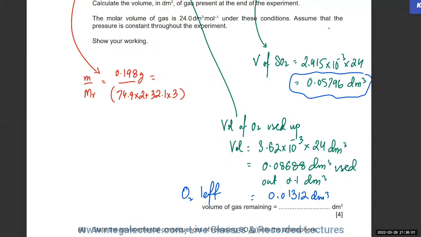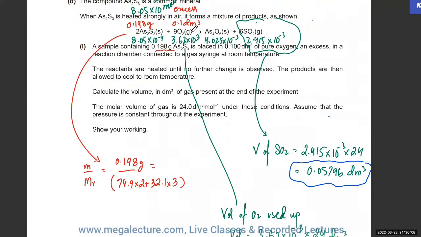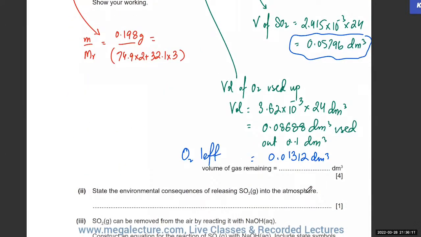So these were the only two gases. There was some amount of SO2 that was produced, and there was some amount of oxygen still left, which is 0.013. Add these two things together. So what is the total volume that you're getting?